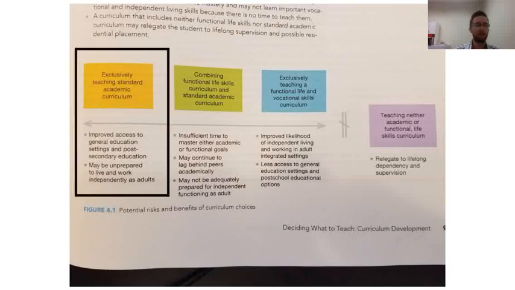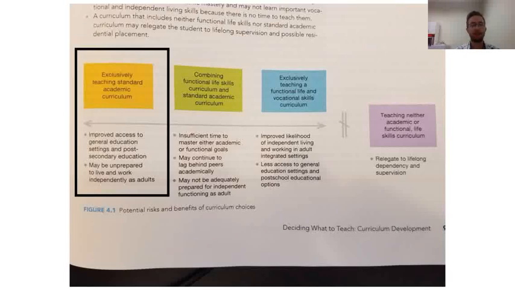So let's start from the left and we'll go to the right. So if you exclusively teach standard academic curriculum to your student, a potential benefit is improved access to general education settings and post-secondary education, potentially.